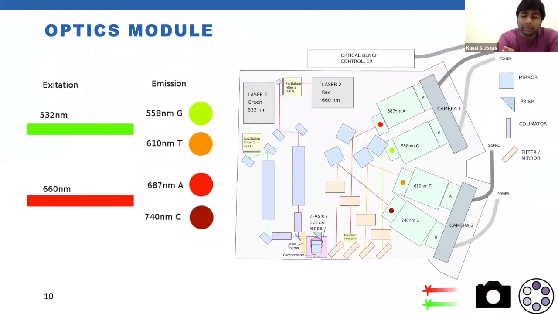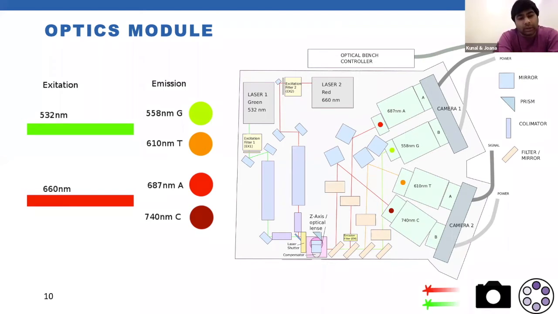And then lastly is the optics module. There's only one set of optics for each flow cell, but it comprises a bunch of different things. There are excitation lasers, a green and a red excitation laser, and the intensity can be controlled up to 1 or 2 watts. You can also control the intensity with excitation filters and neutral density filters.